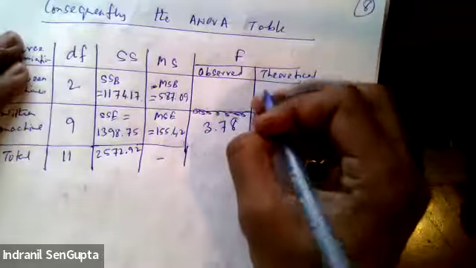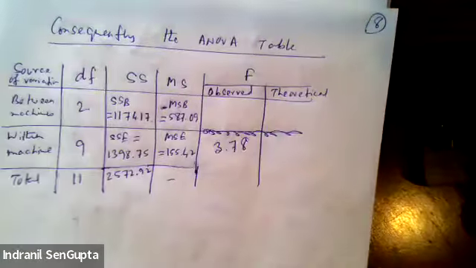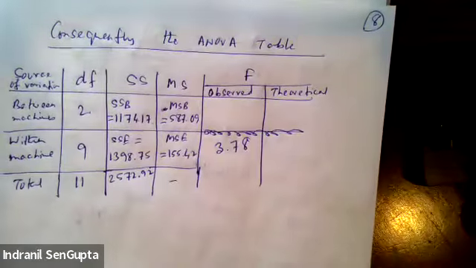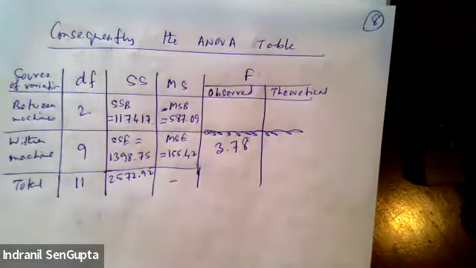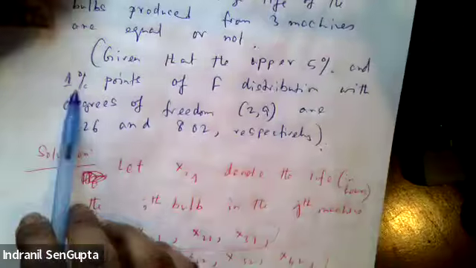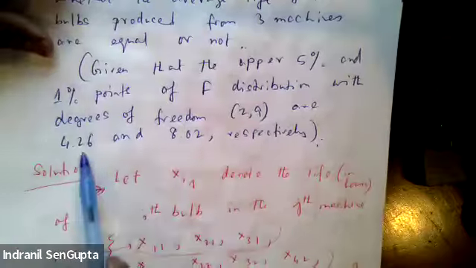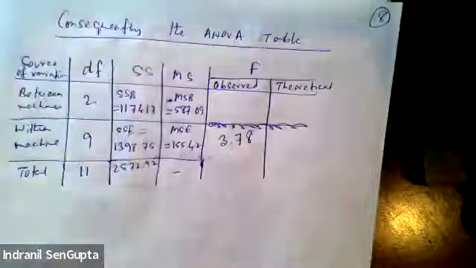Now the theoretical F value is already given. If you look at the problem, it also provides you with the F value. It's given that for degrees of freedom 2 and 9, at the 5% and 1% significance levels, it's 4.26 and 8.02.